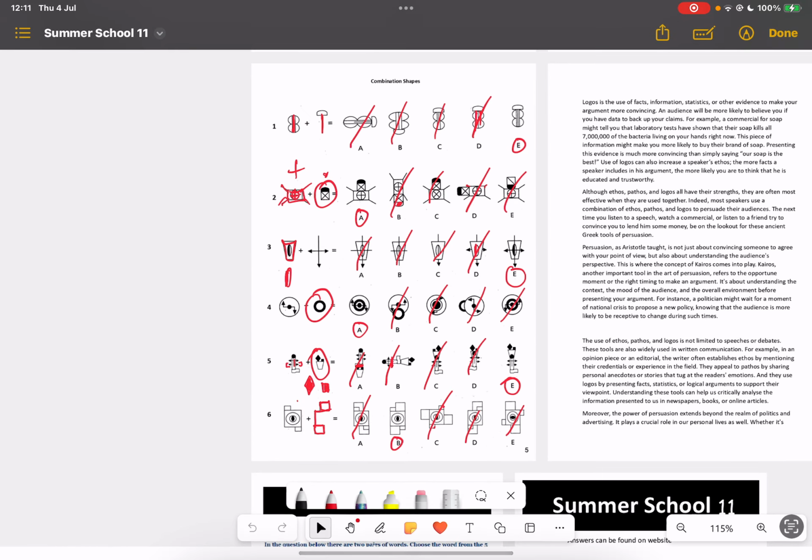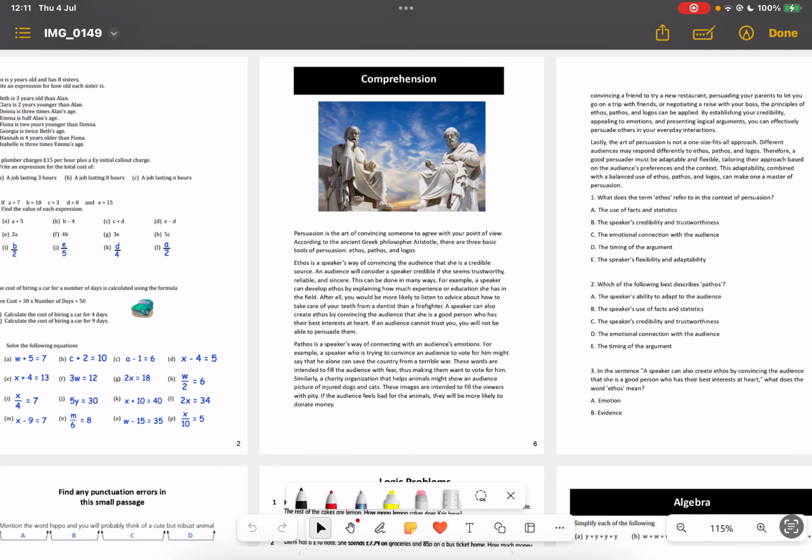Okay, next, comprehension. So let's just read through the comprehension. Alright. So, persuasion is the art of convincing someone to agree with your point of view. According to the ancient Greek philosopher Aristotle, there are 3 basic tools of persuasion: ethos, pathos, and logos.